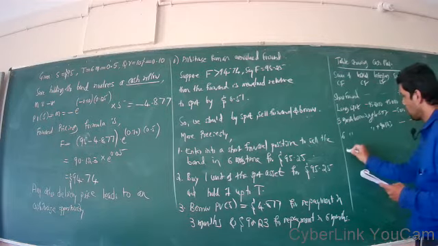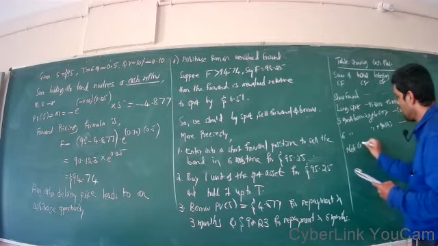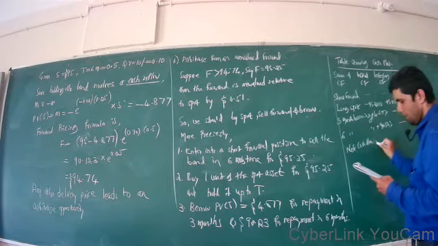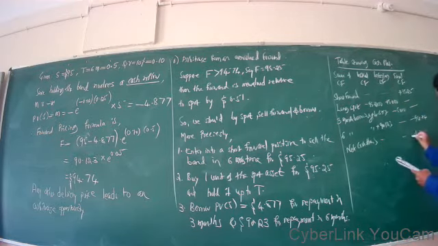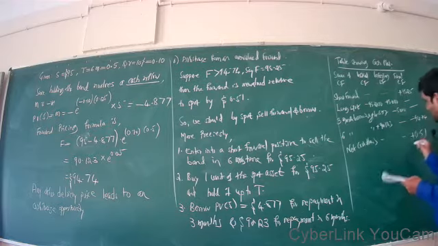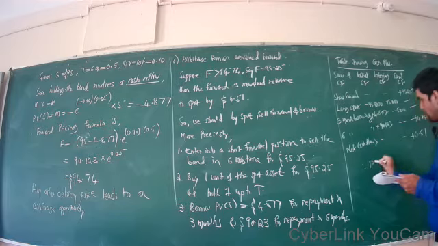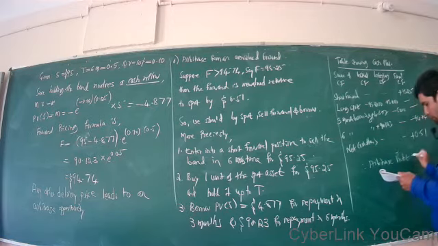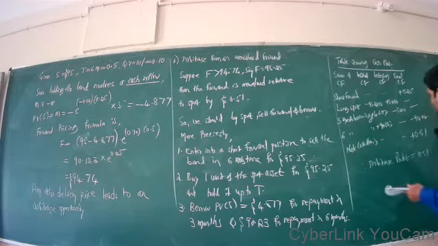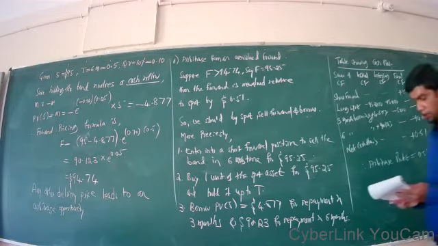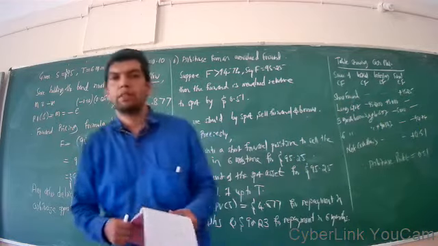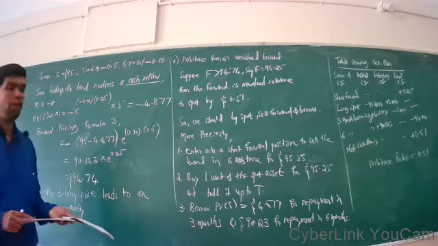So net cash flow is plus 0.51. So this is the arbitrage profit. Therefore arbitrage profit is equal to 0.51. So this is the way of calculating the arbitrage from an overvalued forward.